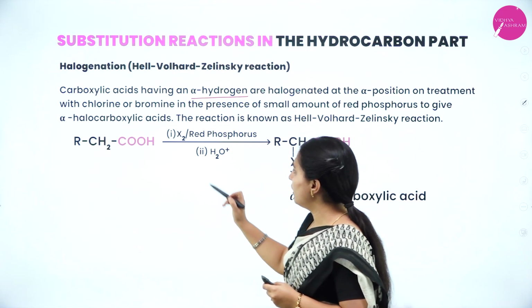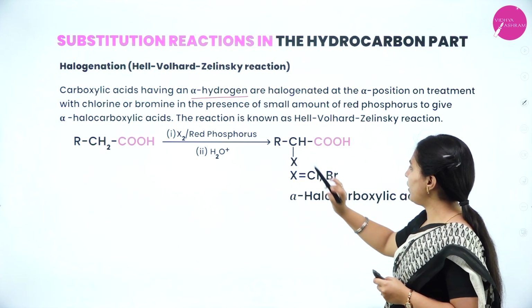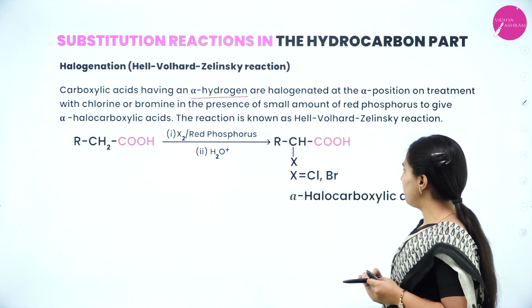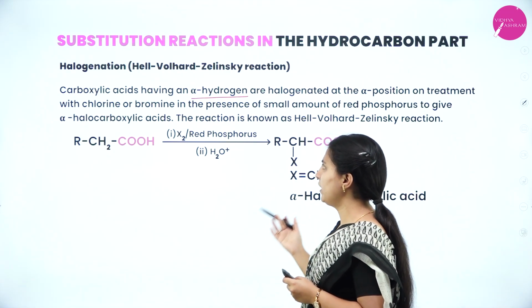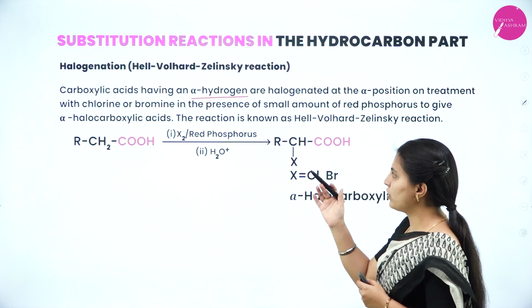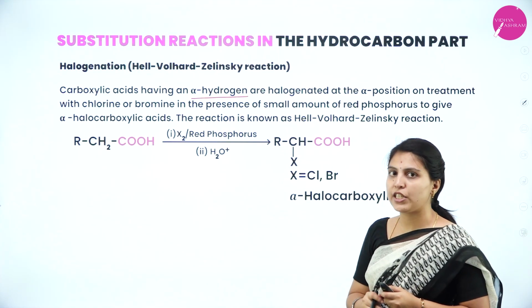Okay, and red phosphorus will be used. See here, in the alpha carbon only halogen, chlorine or bromine, will be attached. That is called halogenation, or the Hell-Volhard-Zelinsky reaction.